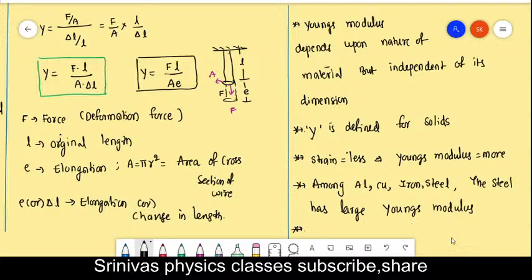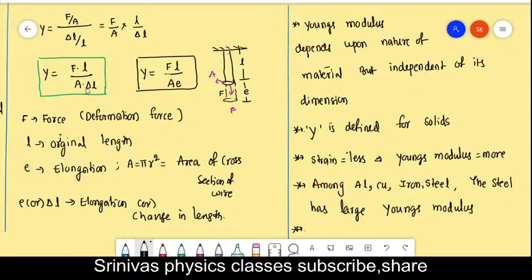You see here, Y is equal to FL by AE, or Y is equal to FL by A delta L is the formula. If delta L, the change in length, is less, then Young's modulus is more.